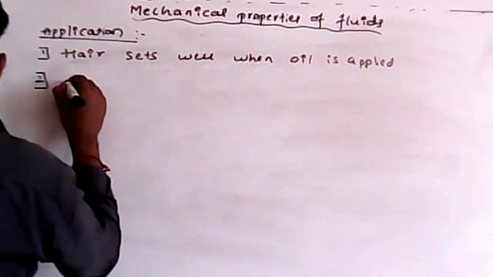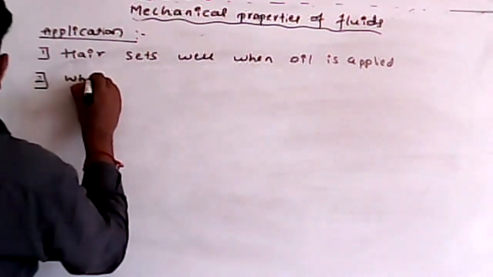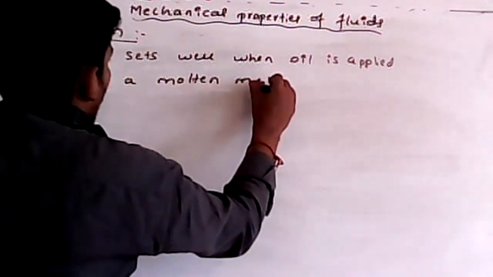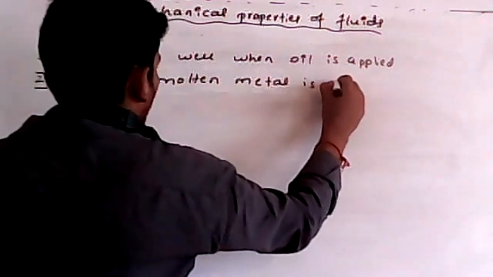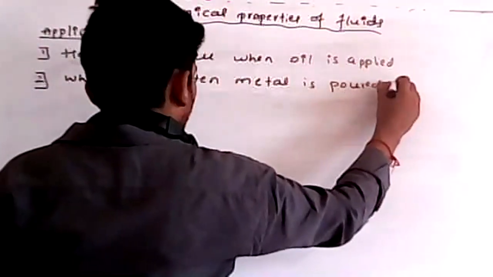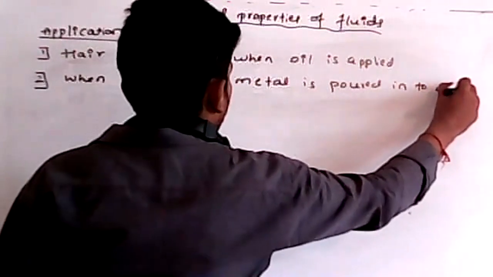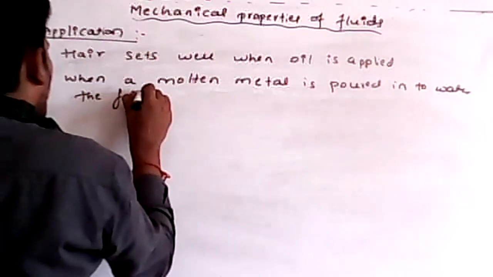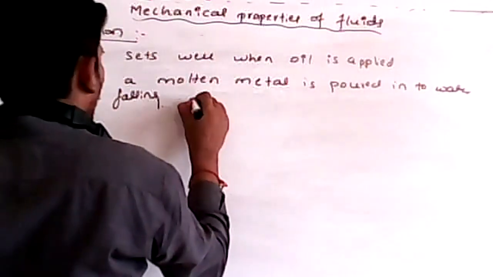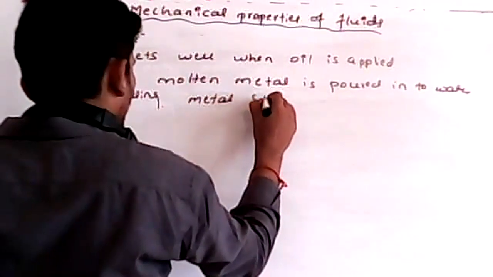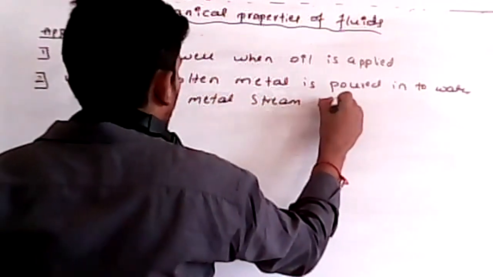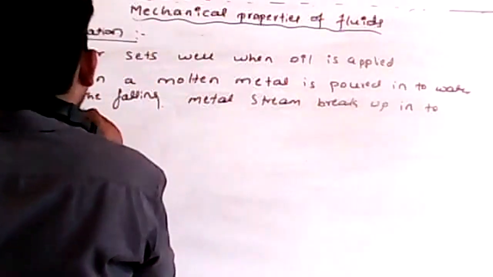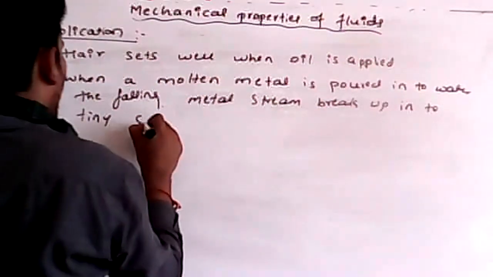Second one: when molten metal is poured into water, the falling metal stream breaks up into tiny spherical balls. This is also a good example.